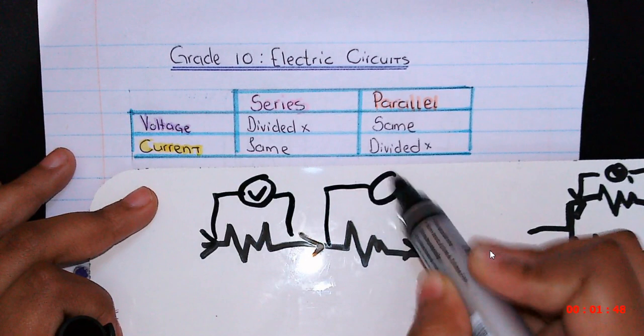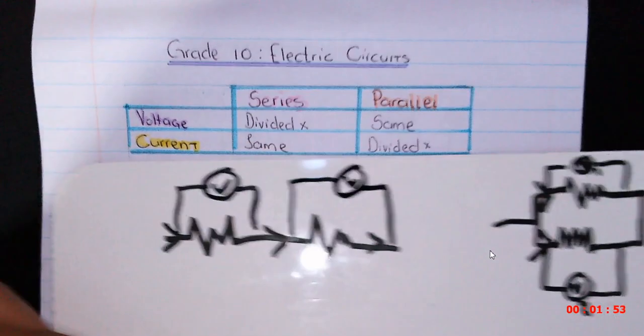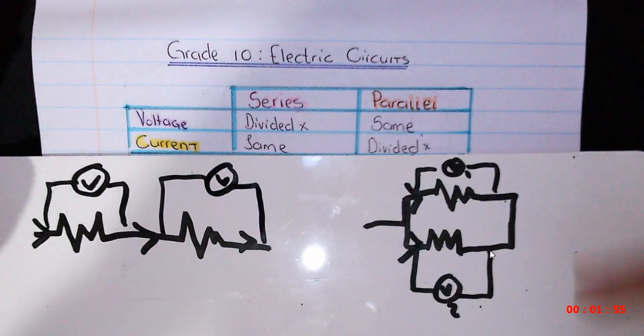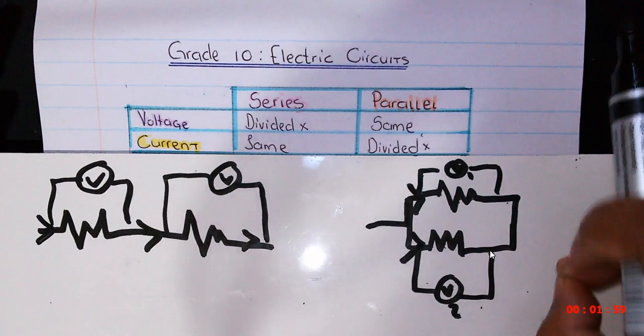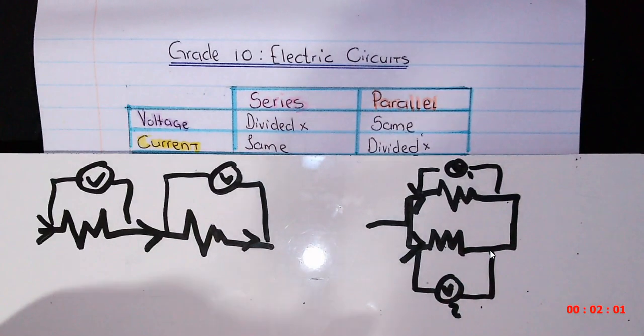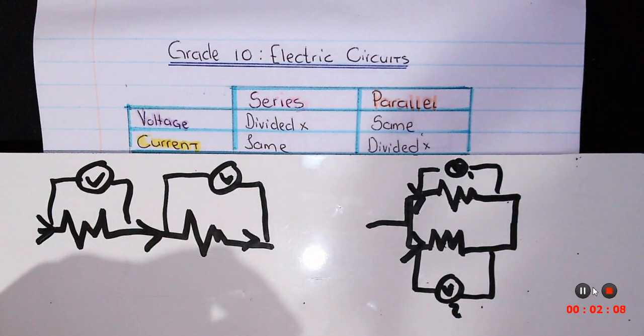The voltage is split in series, but the current is not divided, and the voltage is the same in parallel and the current is divided. So you need to know that before you are able to start with any questions relating to circuits.